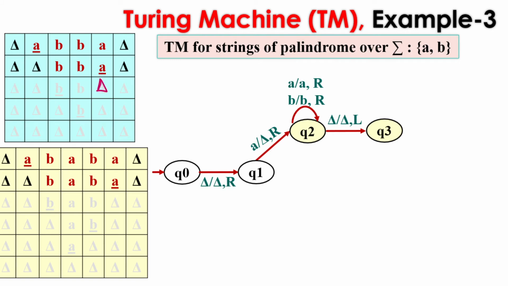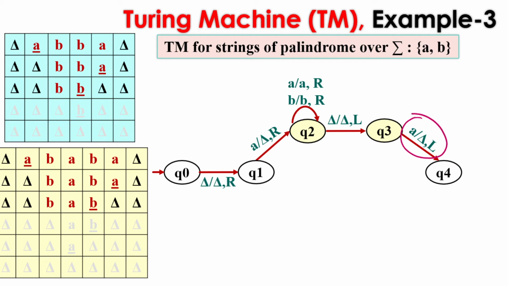To equate the leftmost A with the rightmost A, we need to replace this rightmost A with a blank, and then we will be moving to the left to restart the same process with the next symbol. So here we just need to replace this A with a blank, and now we will start moving to the left direction to continue with the same process and with the next symbol.